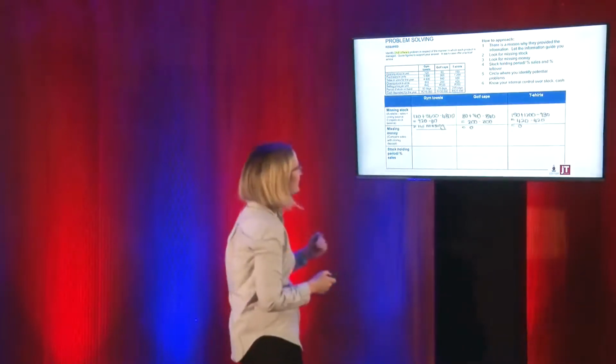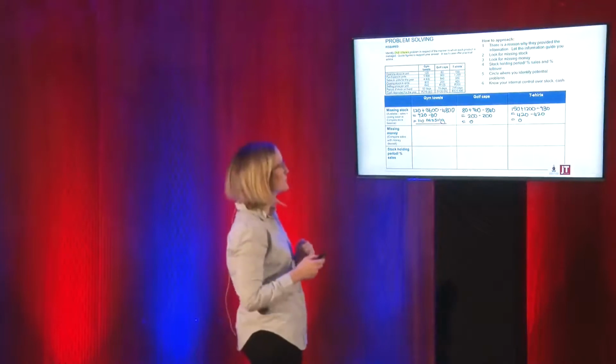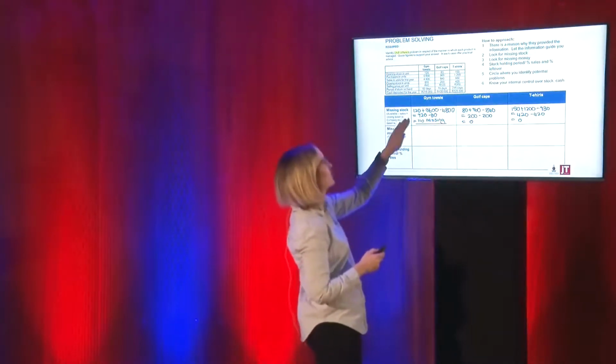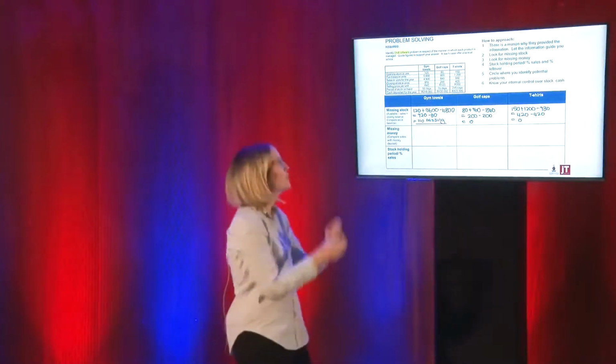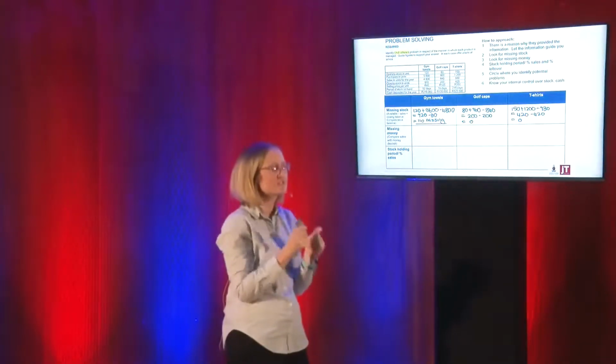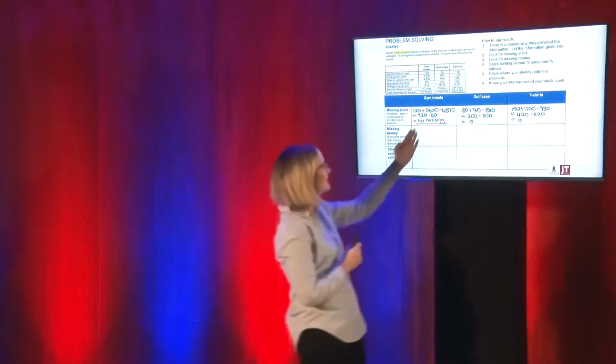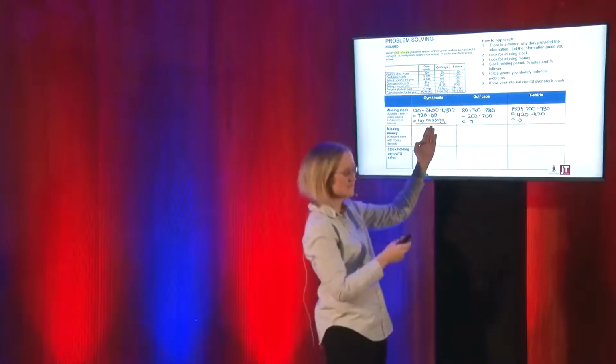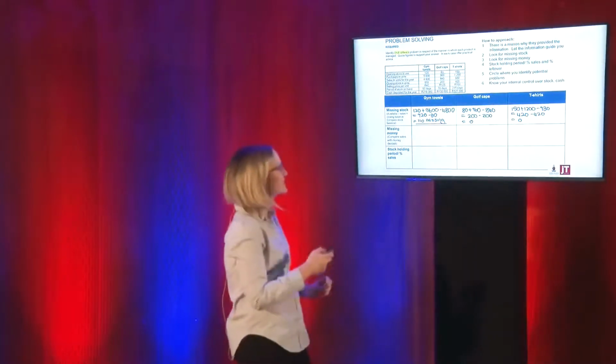So if I look at this now, the first one is missing stock. Again, we look at available stock minus our sales, and we compare that to the physical stock balance. Here it is clear that for the gym towels, we've got 110 missing. Now we look at the missing money.